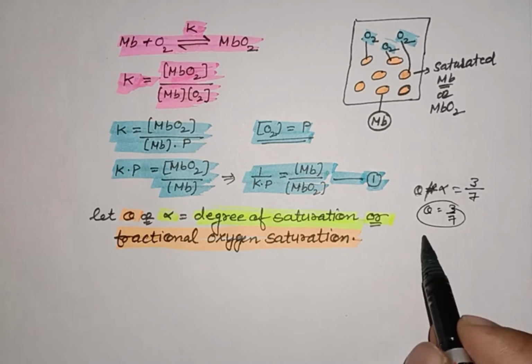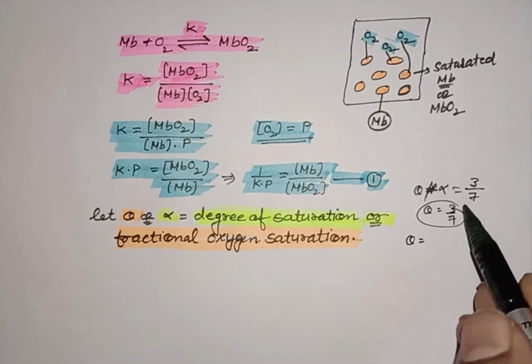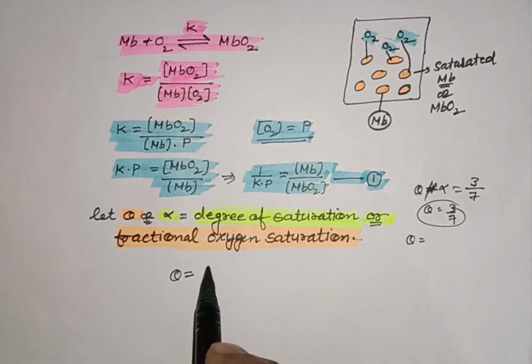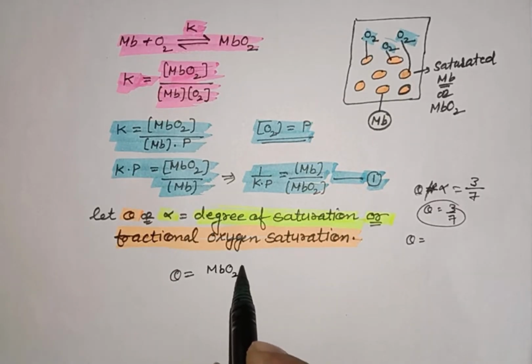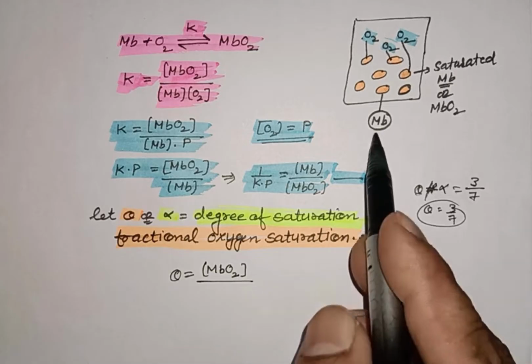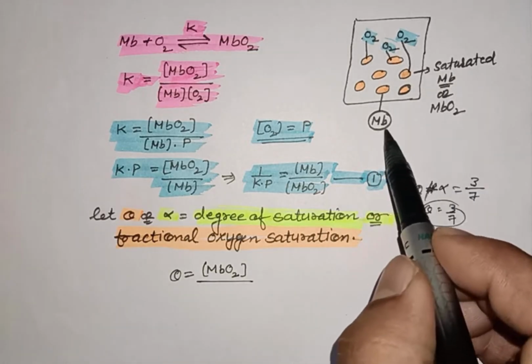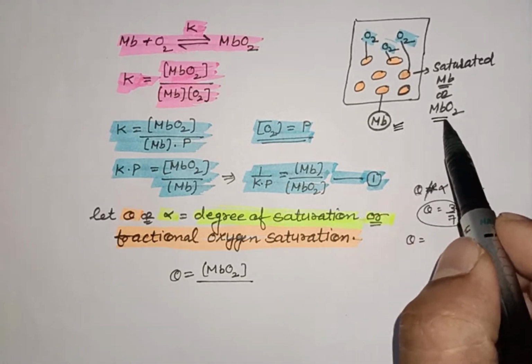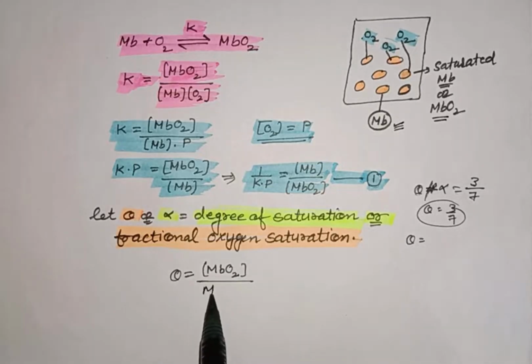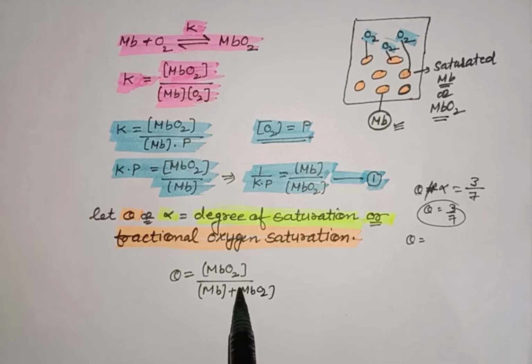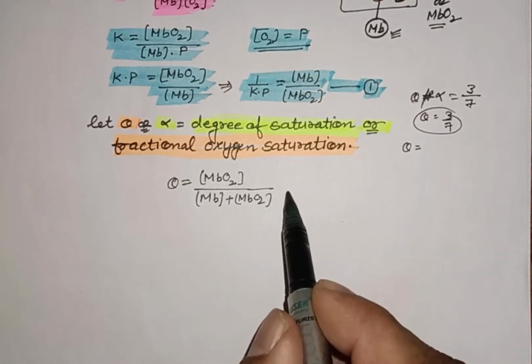So theta is the number of oxygenated myoglobin, MbO2, divided by the total myoglobin, meaning naked myoglobin as well as oxygenated myoglobin: Mb concentration plus MbO2 concentration. This is our equation number 2.